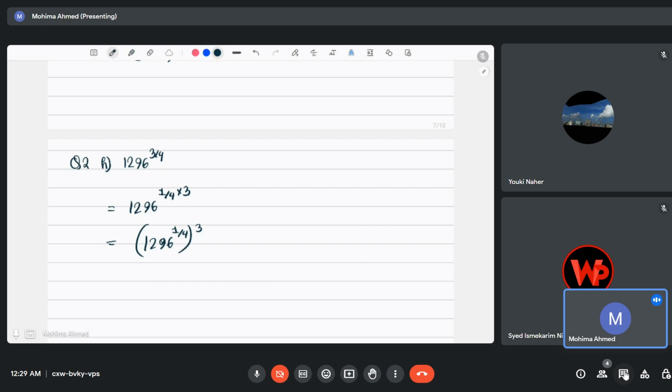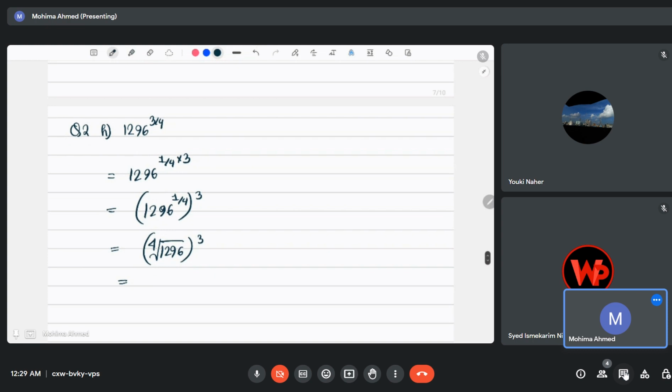Can anyone tell me the value? Do the calculation on your calculator.